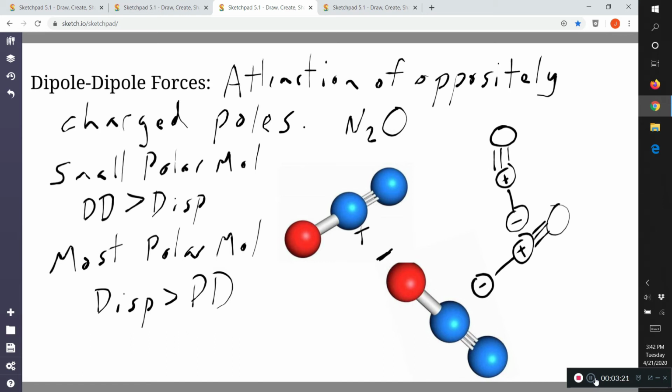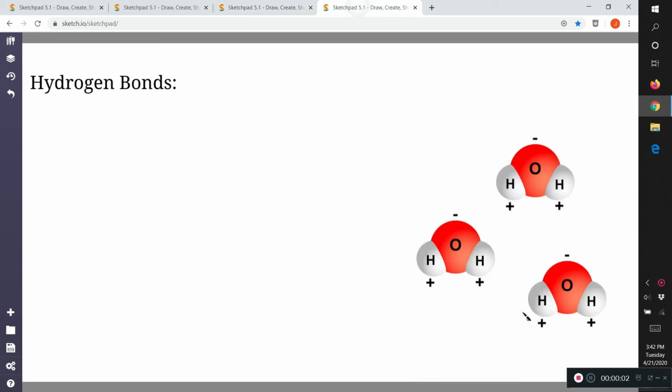All right, let's move on to the last one. All right, so now we're going to talk about hydrogen bonds. Hydrogen bonds are a type of dipole-dipole bonding.